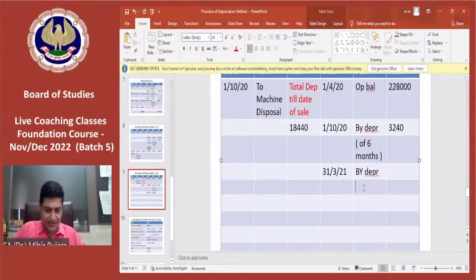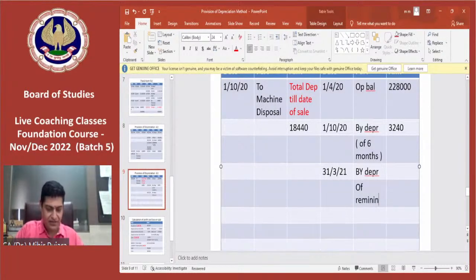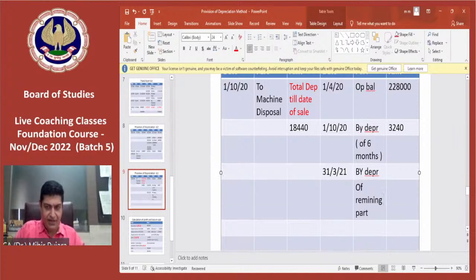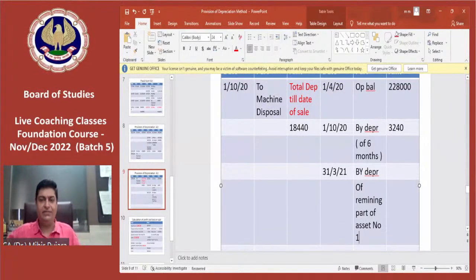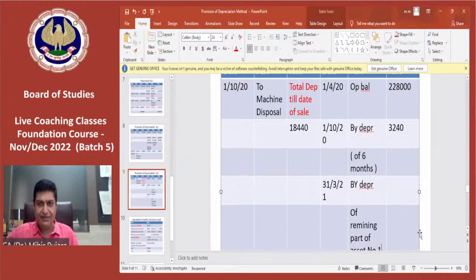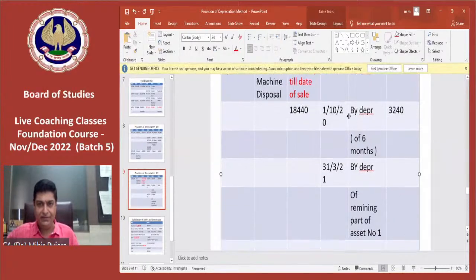It will be of the remaining part of asset number 1.